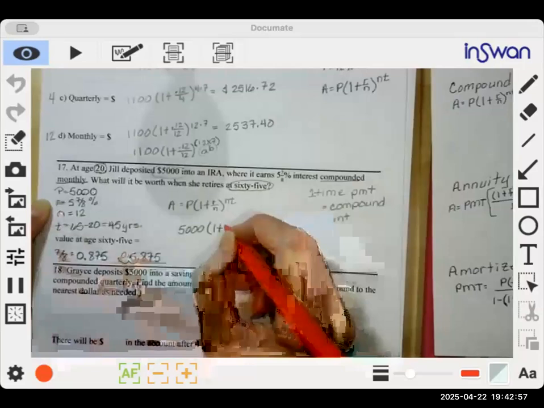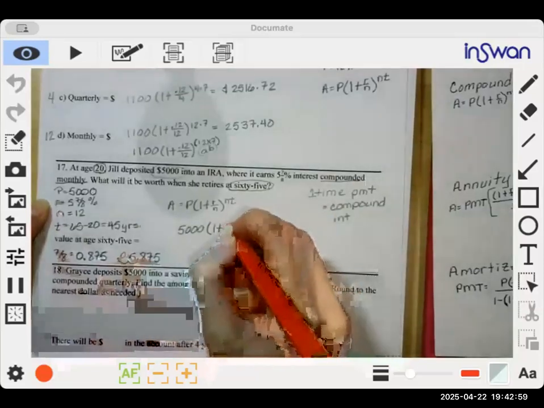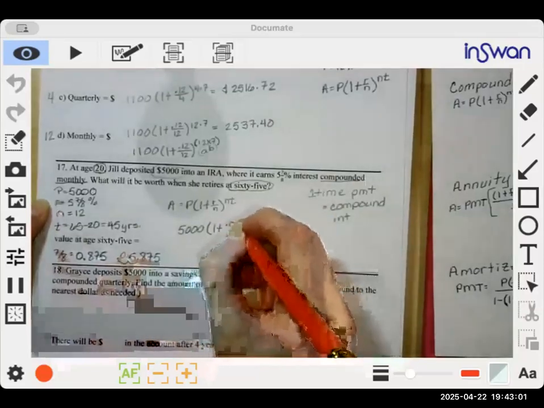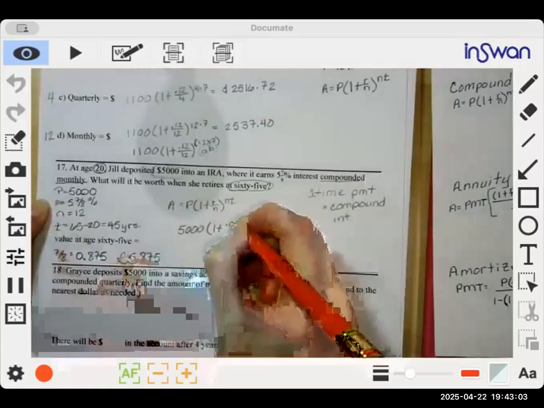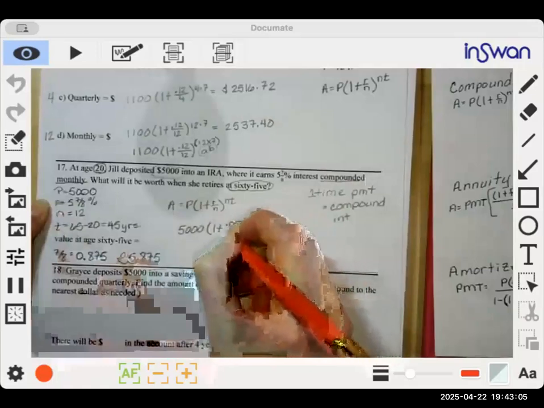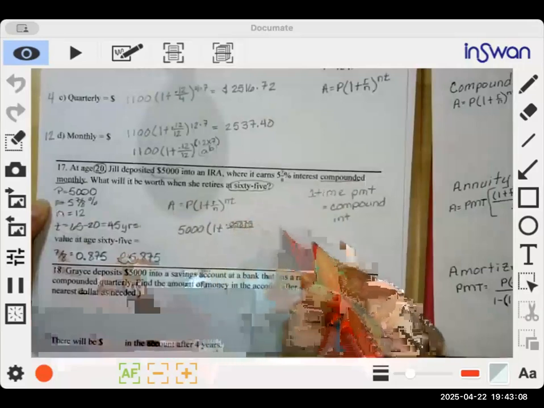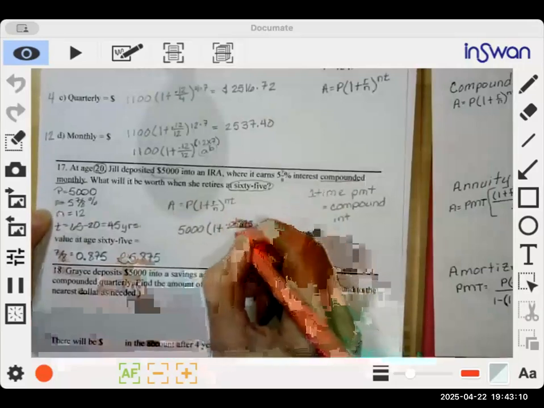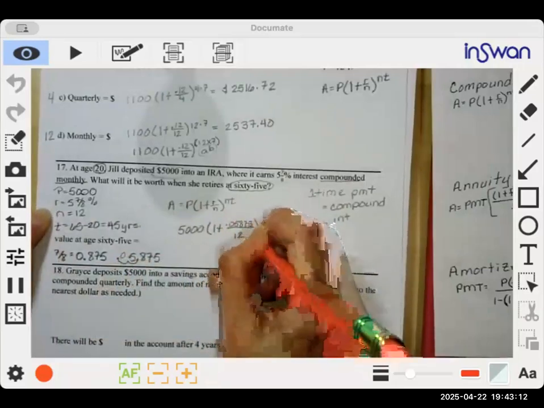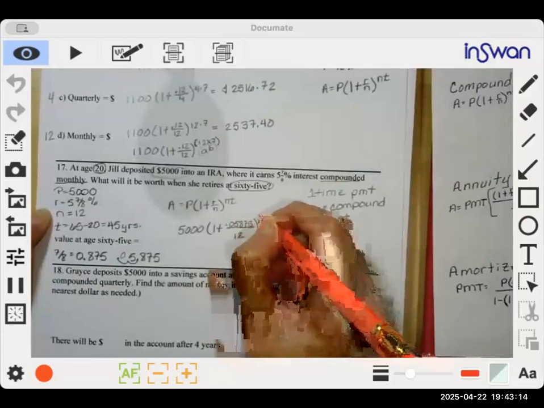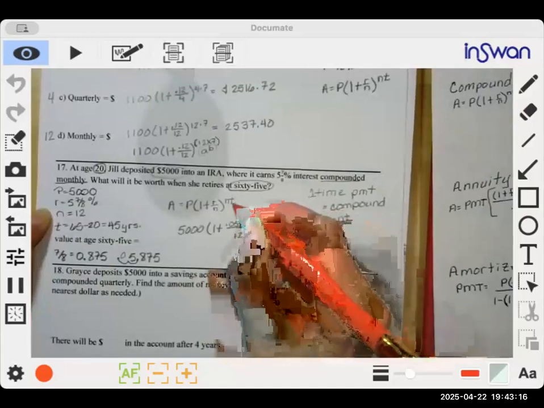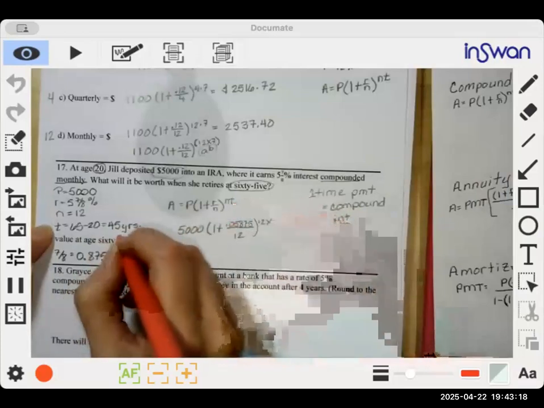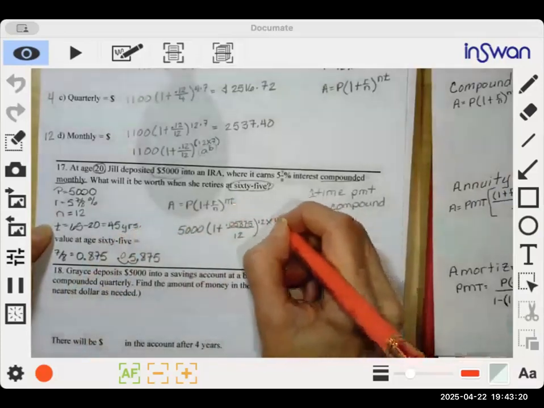So times 0.05875 over N, which is 12. And we're raising that to the 12 times our time, which is 45 years.